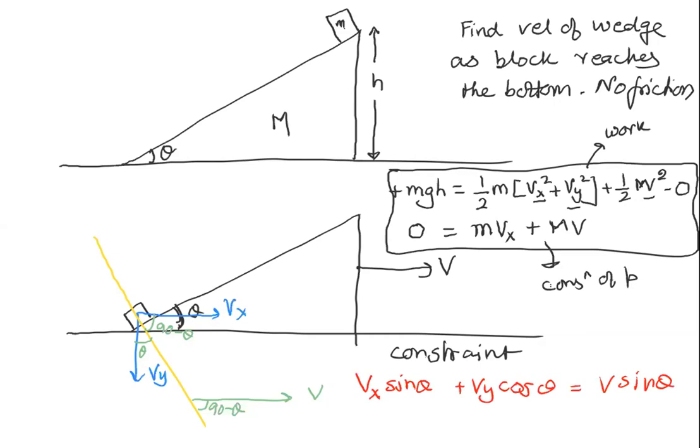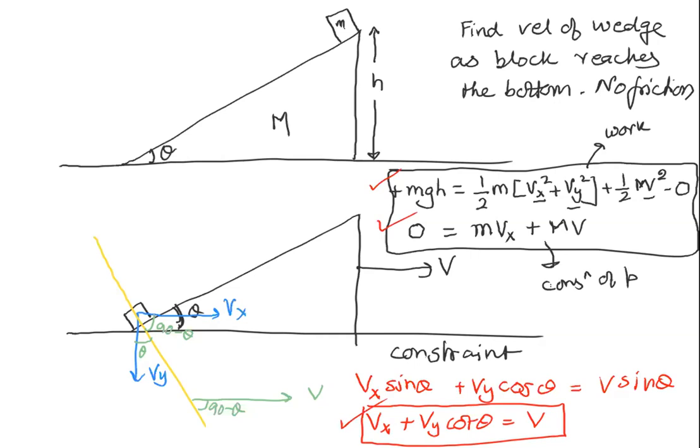Okay? And you can divide by cosine or you can divide by sine, whichever you prefer. So you can write this as Vx plus Vy cot theta is equal to V. This is the third relation. So relation number 1, relation number 2, relation number 3.